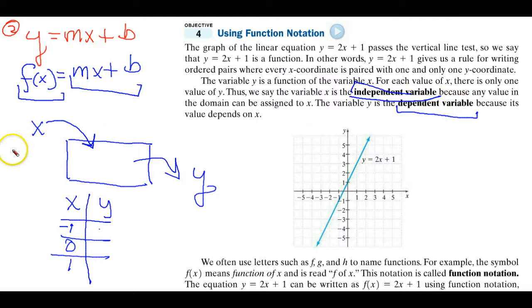We often refer to this as the input and this as the output. Now, these are illustrated often many different ways, but basically that's what they're talking about here. Okay?